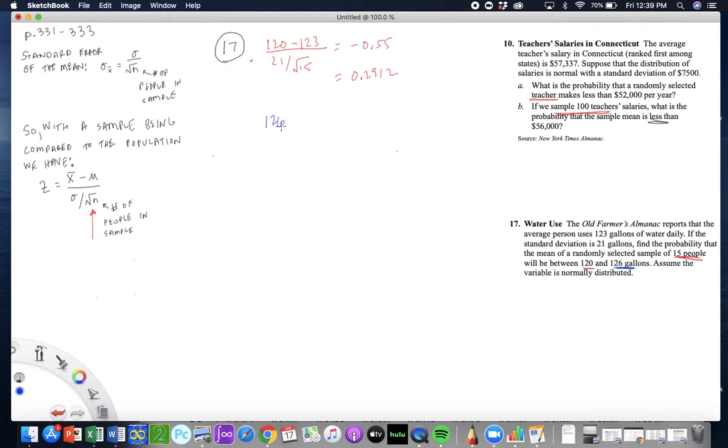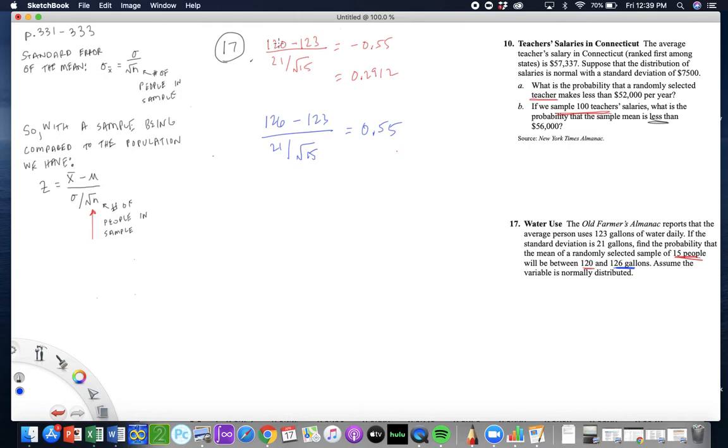So I get 126 minus 123 divided by 21 over the square root of 15, and that comes out to 0.55. It's just a coincidence in this case that they are the same decimal, both on the negative and positive side, and that's mostly because of how far the distance is from 123.